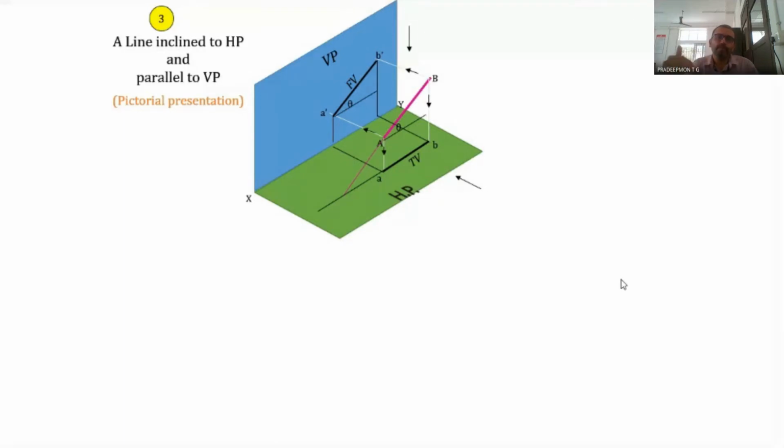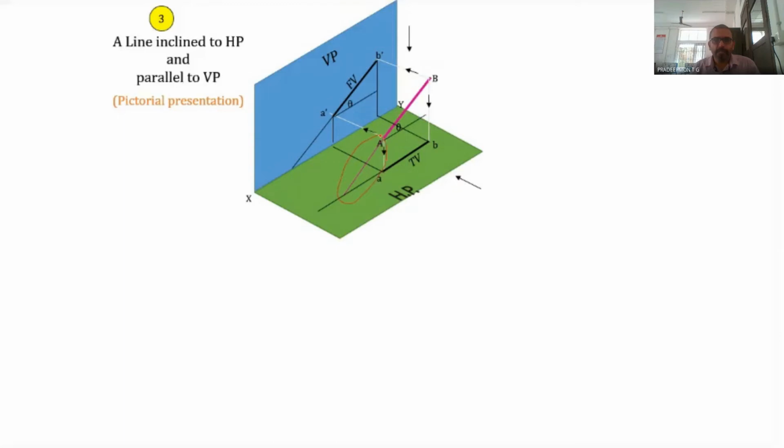the extension of the top view of the line. And in that same case, we can extend the front view also in order to meet the XY line. So that is this extension.